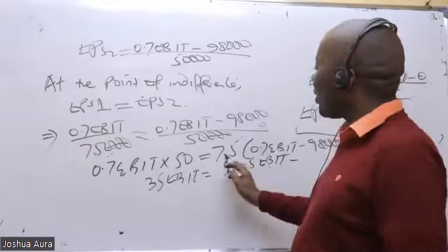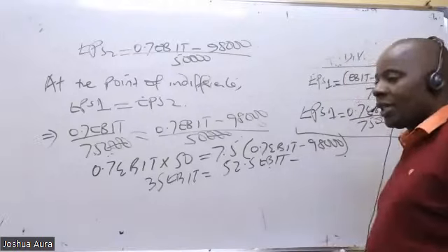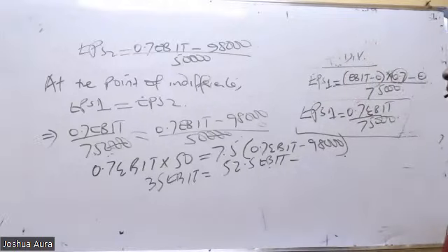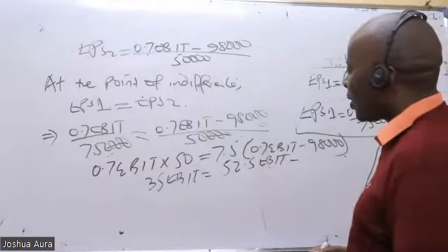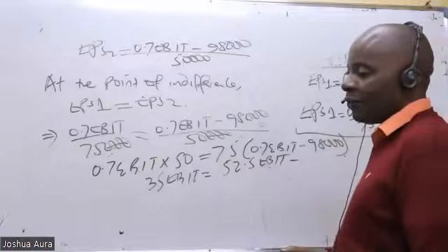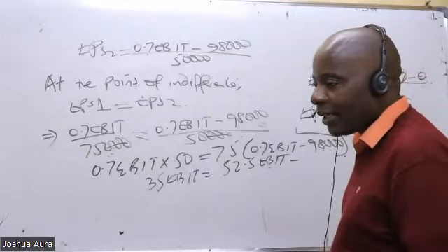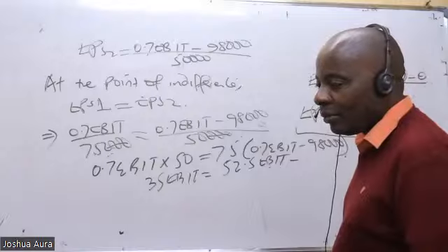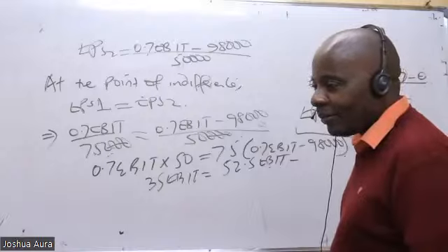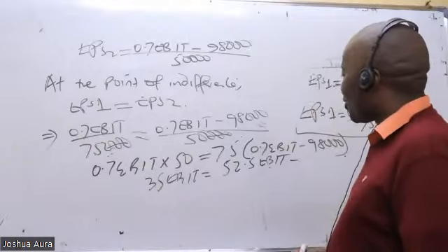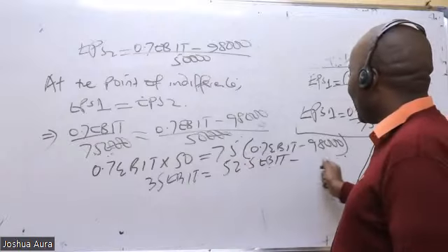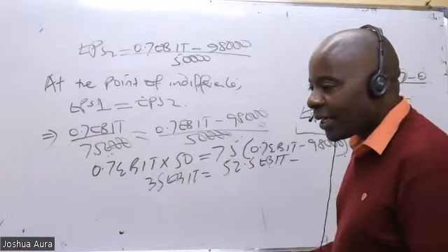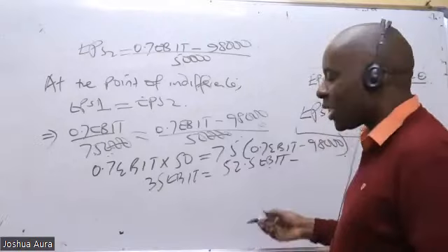Minus what is 75 times 98,000? 75 times 98,000 gives us what figure? 73,50,000.